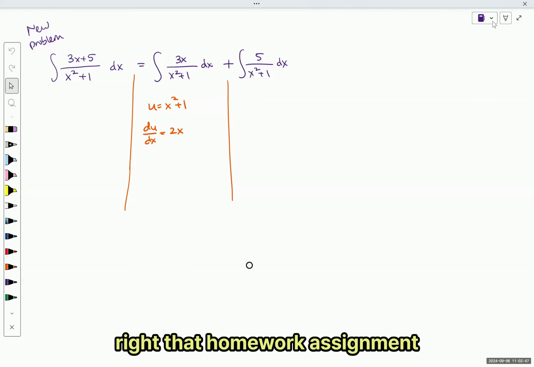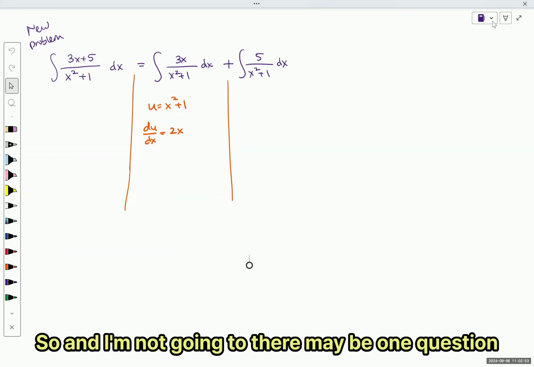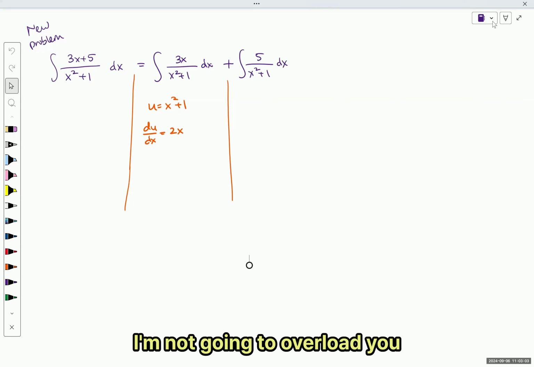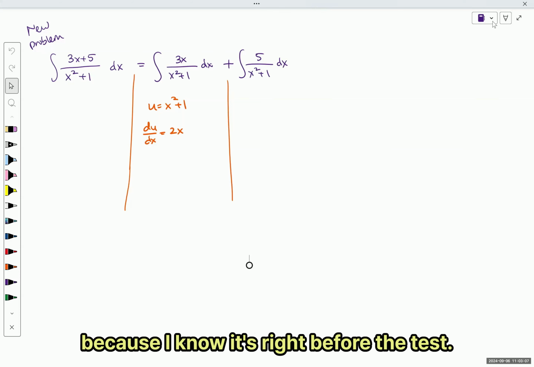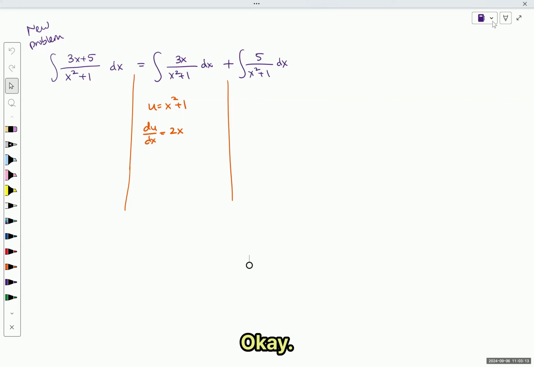That homework assignment is very short and it's due after the test. There may be one question on the test about inverse trig. One. Does that make sense? I'm not going to overload you with a bunch of questions on the inverse trig because I know it's right before the test. And we're going to see it again, believe it or not.